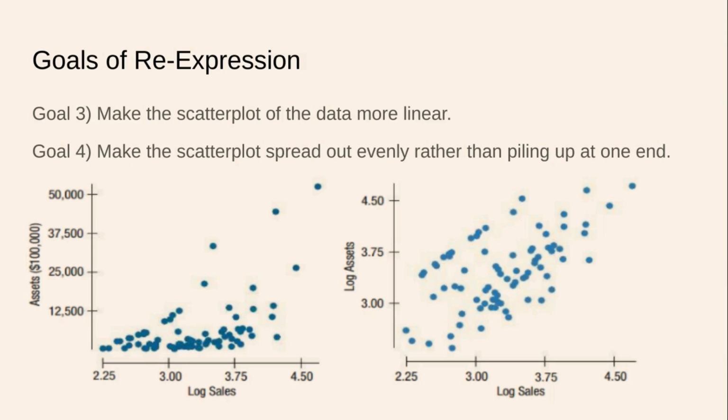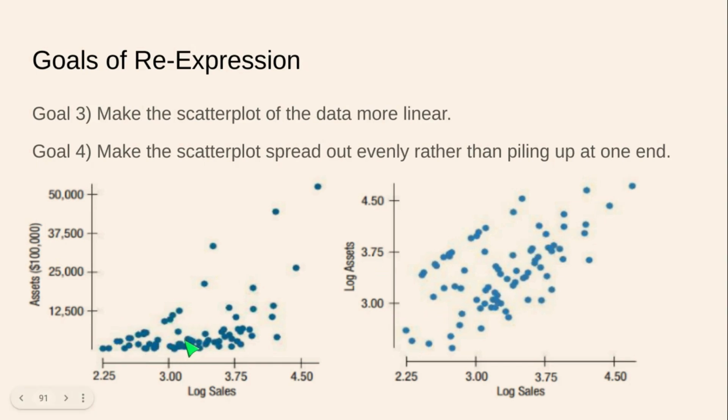If we have a graph like this, all our data are bunched down here, and then we have some stragglers out here that are not in with the group. This is a horrible set of data to try to understand. But if we were to, again, apply a log to the assets, just like we applied a log to sales, it's not perfect, but the pattern is rather linear, and we get rid of this pile up over here on the left-hand side.